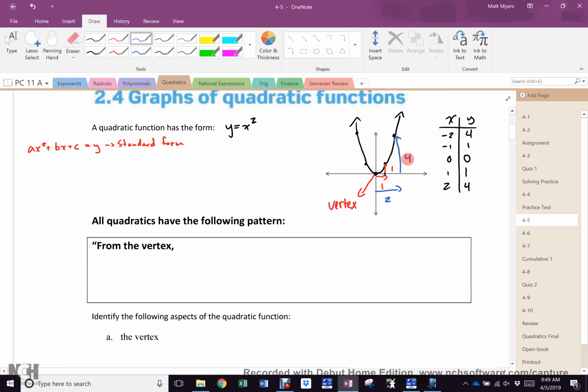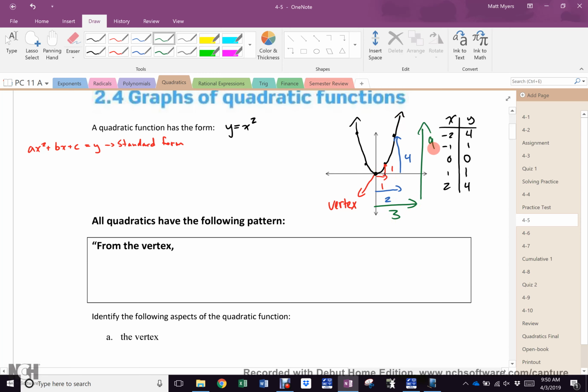Everybody see that? Now, if something happens twice in math, how often does it happen? Always. So over 1, up 1, over 2, up 4. What's the relationship between 2 and 4? 2 squared is 4, yes? So logically, if I go over 3 from here, where's the next point going to be? 9.